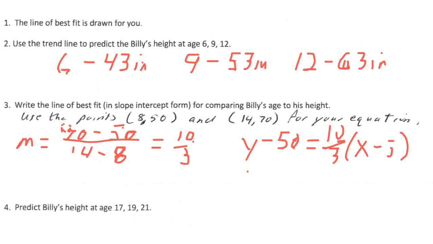And distributing, we get y minus 50 equals 10 over 3 x minus, multiply 10 thirds in there, and that's 80 over 3. Definitely running out of room up here.